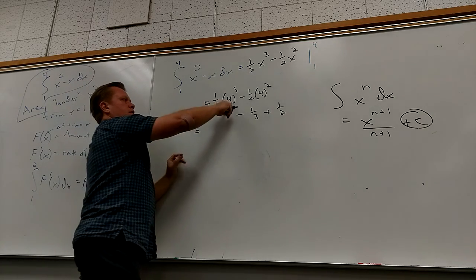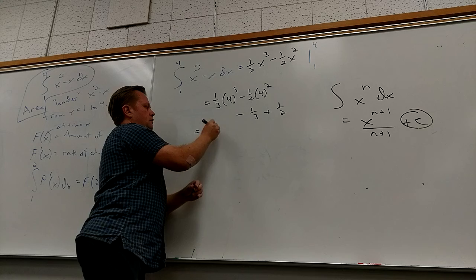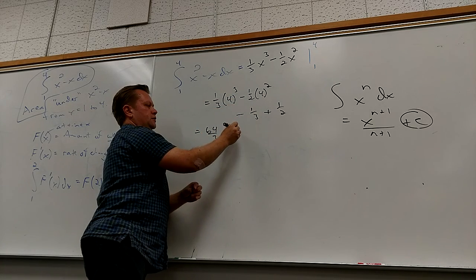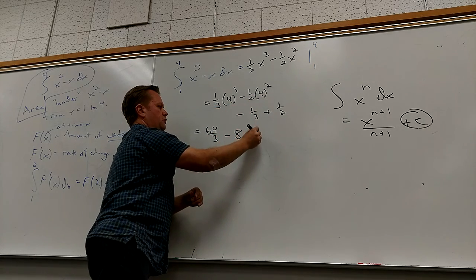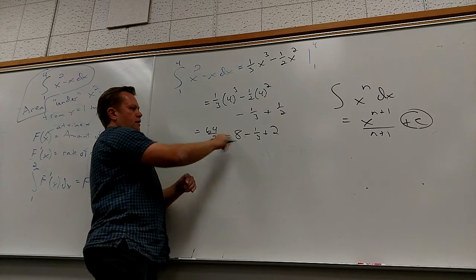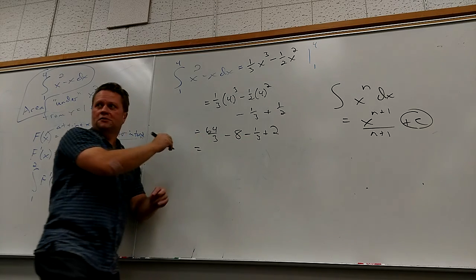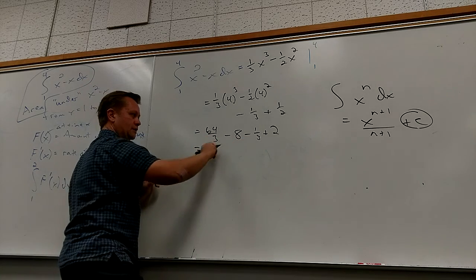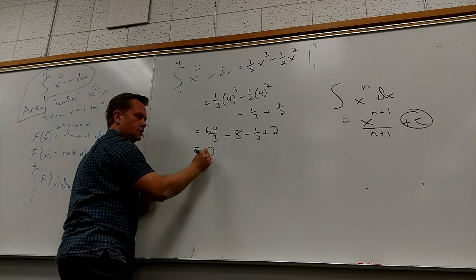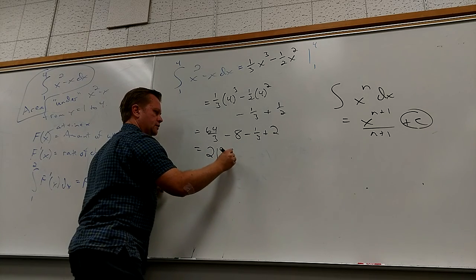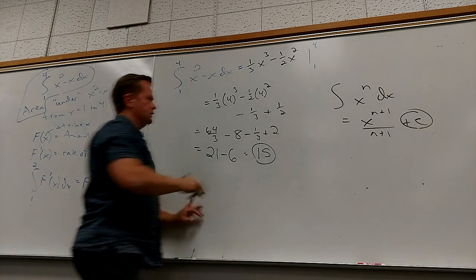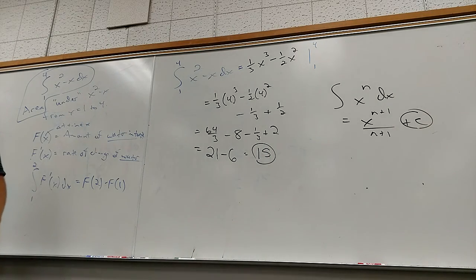So I get 4 cubed, 64 thirds, minus 16 divided by 2, 8, minus 1/3 plus 2, so I get 63 thirds, which is 21 minus 6, which is 15. That's neat. I didn't know what to expect, to be honest. It's kind of cool it came out to a whole number.